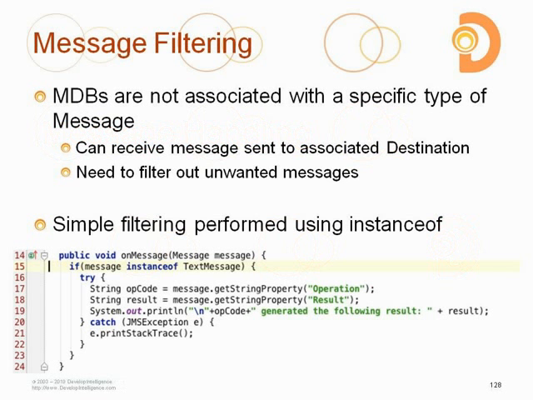Because there are, in the JMS world, about 10 different types of messages. I don't know the exact number off the top of my head, but let's say it's 10. Because there are like 10 different types of messages, the first thing I generally want to do is make sure the inbound message is a type that I can handle. So in this example here, we just check using the instanceof operator to see if the inbound message is a text message.